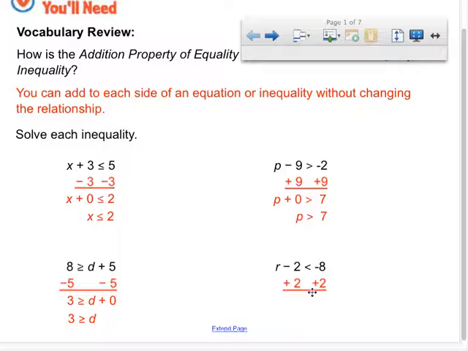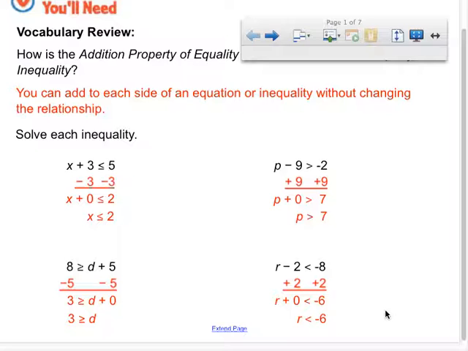Why did you say negative, Alexis? Because 8 is a greater magnitude than 2. It's farther from 0. So we keep the sign of the 8, which is negative, so negative 6. Okay? And then my last step, identity property of addition, r plus 0 is r. R is less than negative 6.